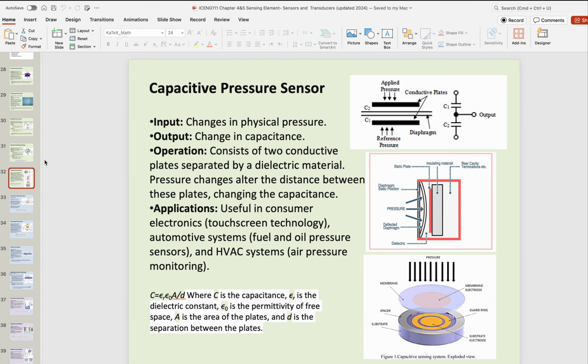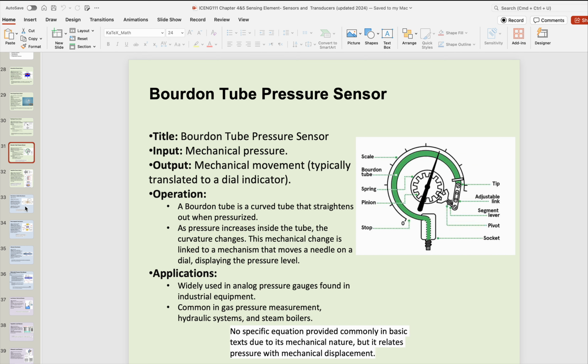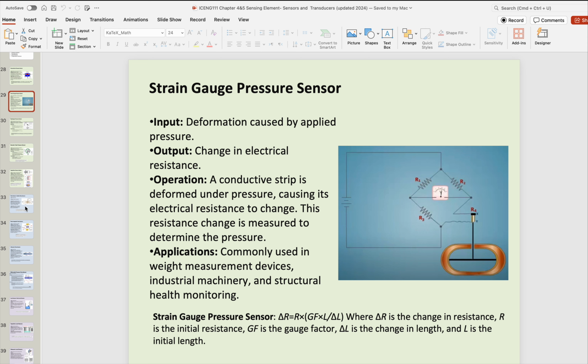I will go back to looking at the change of the pressure sensor, in which we have a strain gauge pressure sensor, and if you look at the equation, delta R is equal to R times GF times delta L divided by L, where delta R is the change in resistance, R is the initial resistance, GF is the gauge factor, delta L the change in length, and L is the initial length.